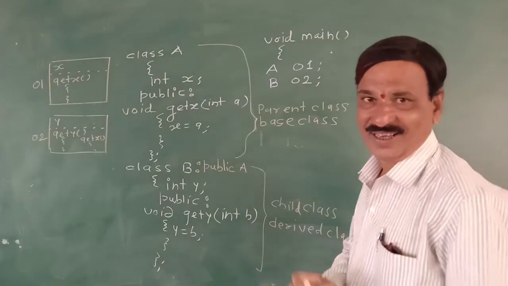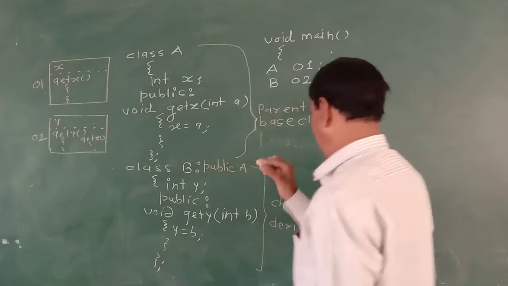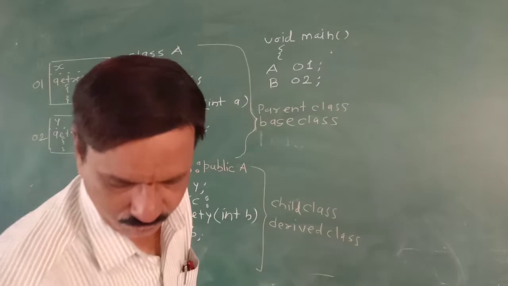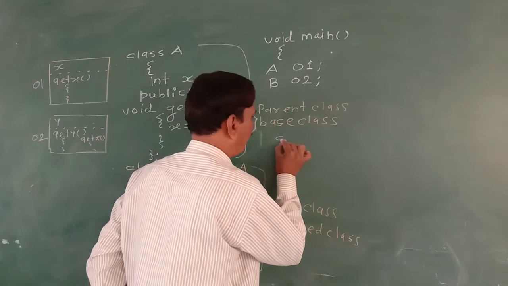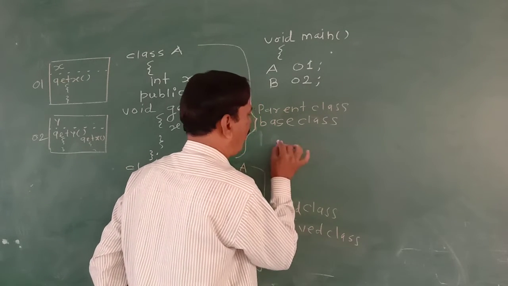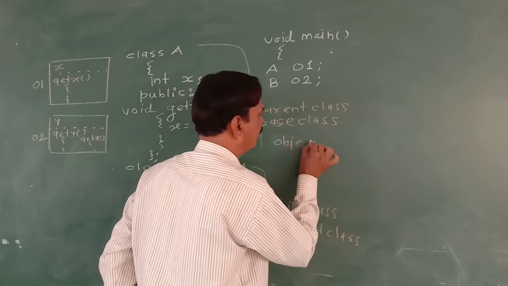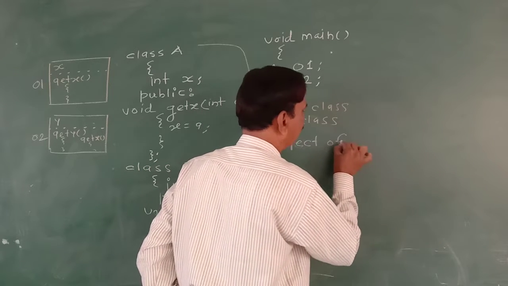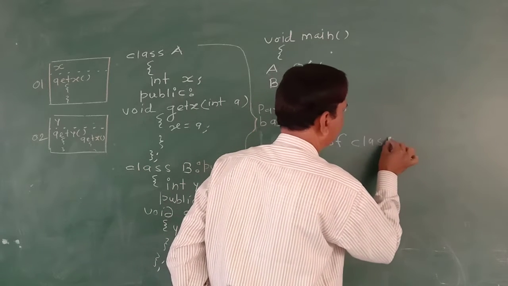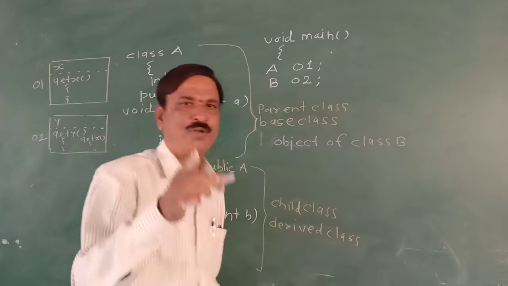O1 belongs to class A. Hence, we can say here the object of class B, who is the object of class B?